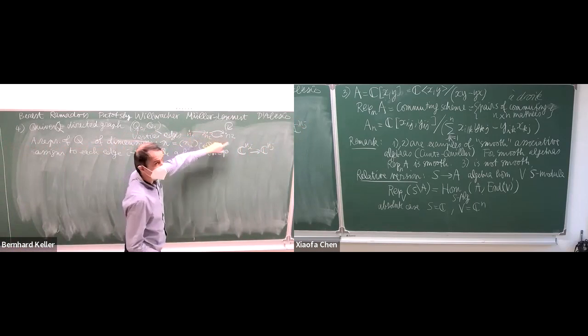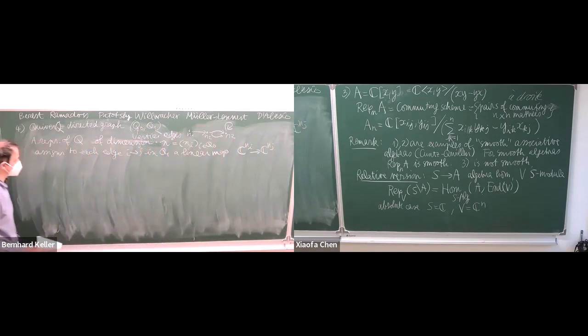You have a GL_n on each vertex, and this acts on the space of representations.